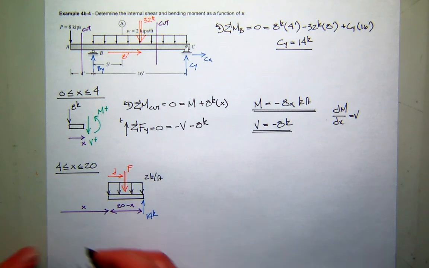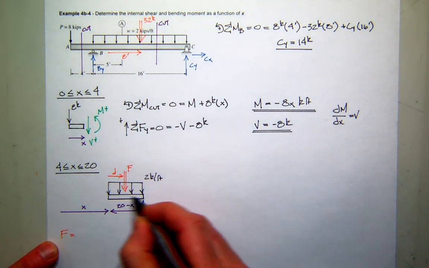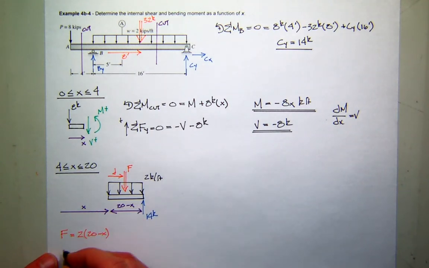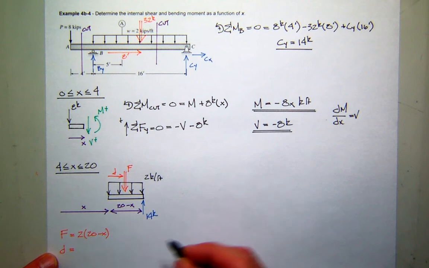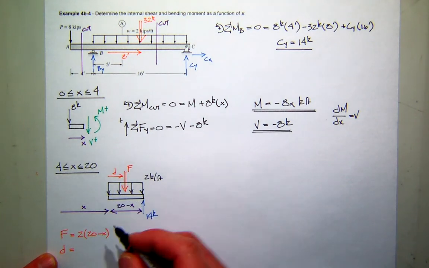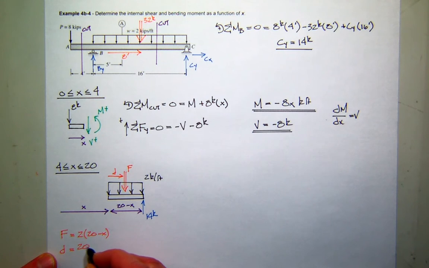So what would be our force? It's a rectangle, so base times height, so that would be 2 times 20 minus x, right? And then what's our distance? Well, half the base, which is 20 minus x, so half of that.